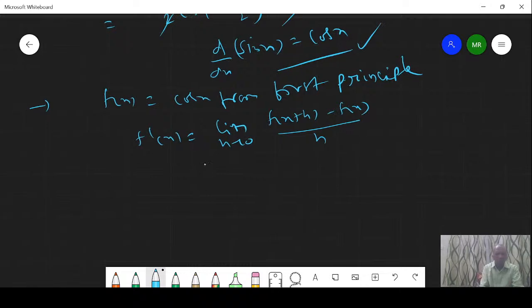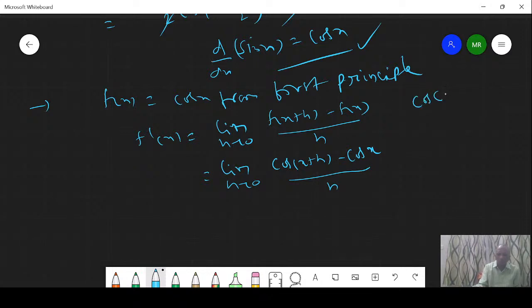Now if I write the same for this one, limit h tends to 0, cos of x plus h minus cos x by h. But remember, always, when you are taking cos c minus cos d, remember this formula: it will be minus 2 sin((c+d)/2) into sin((c-d)/2).